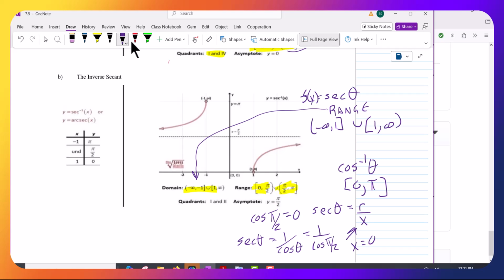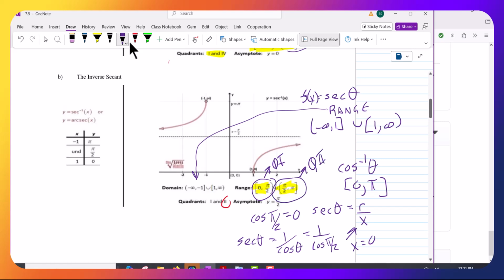So what you end up having here is quadrant 1 would be this piece right here. Quadrant 2, whoops, I'm highlighting the wrong thing. So quadrant 1 would be here, and quadrant 2 would be there.